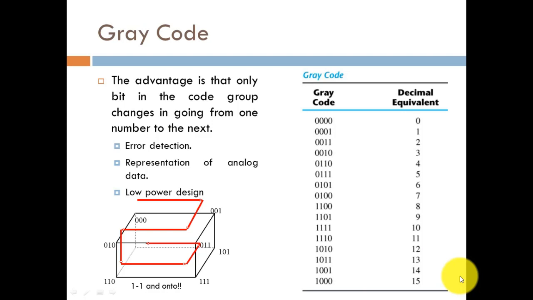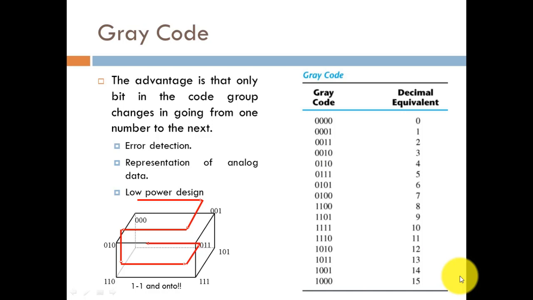What is peculiar about this Gray code is that any two consecutive groups differ from each other by only one bit. That is, only a single digit changes while we are moving from one digit to another.